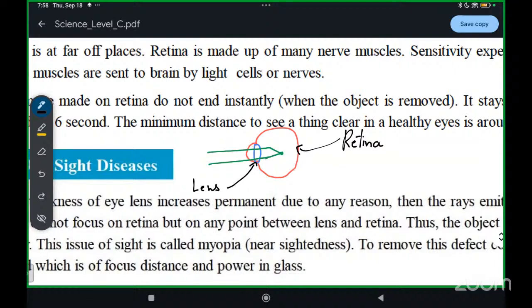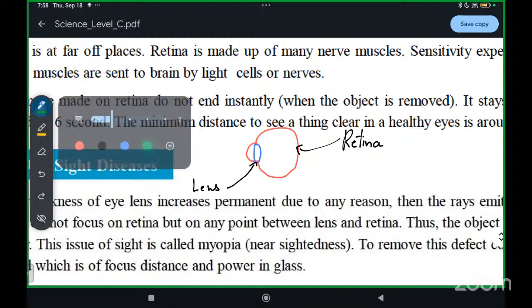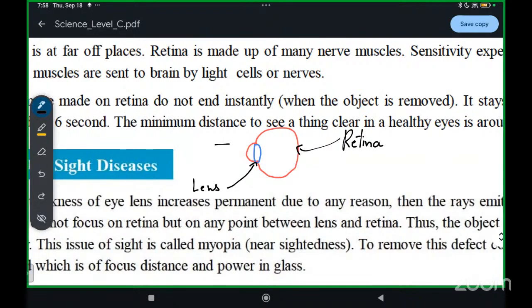So a concave lens is used here, so that light can pass through it, and it helps the image formation to take place at the retina.